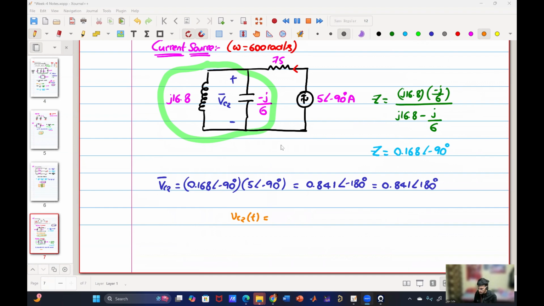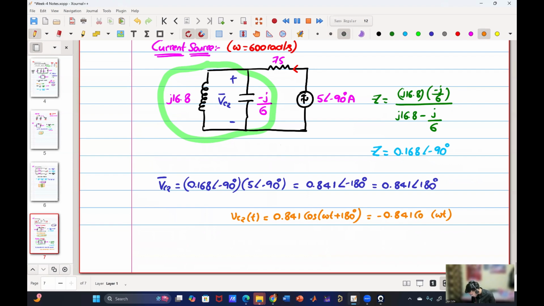So now VC2 of t will be 0.841 into cos of omega t plus 180 degrees, right? So then it will become minus 0.841 into cos omega t, because cos of omega t plus 180 is minus cos omega t.